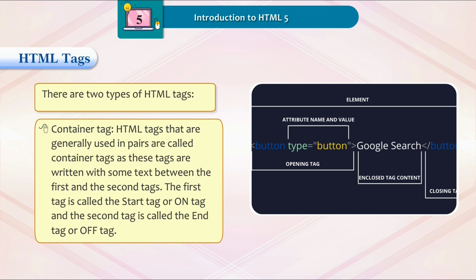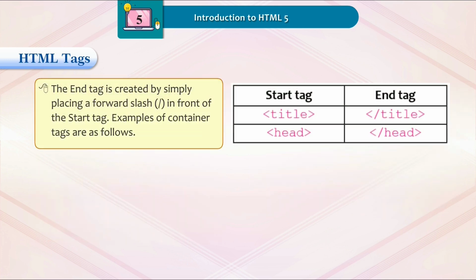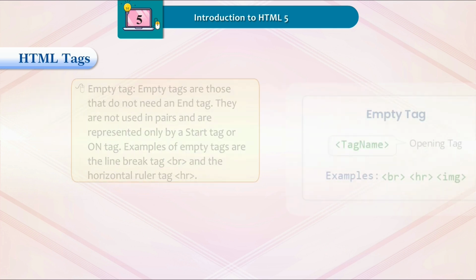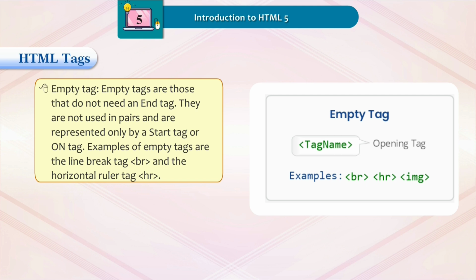The first tag is called the start tag or on tag, and the second tag is called the end tag or off tag. The end tag is created by simply placing a / in front of the start tag. Examples of container tags are as follows. Start tag, end tag: <title></title>, <head></head>.